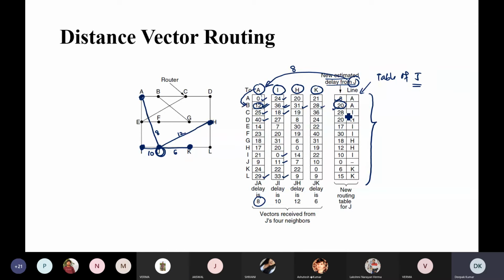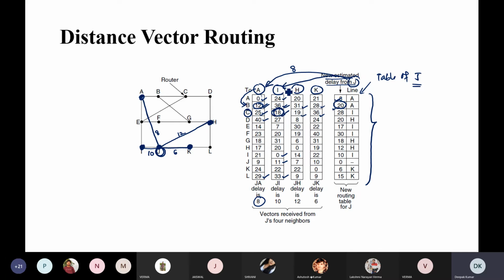Again, in the third case, see here 25, 18, 19 and 36. Which one is the smallest? This 18 is the smallest. To reach C, J will choose the path via I, because it is the smallest among all the paths.